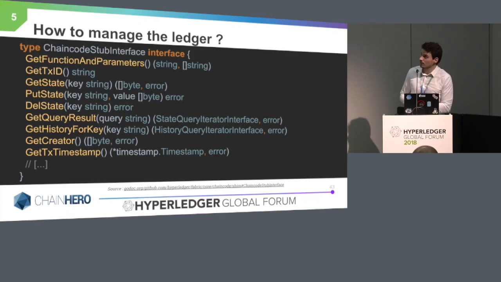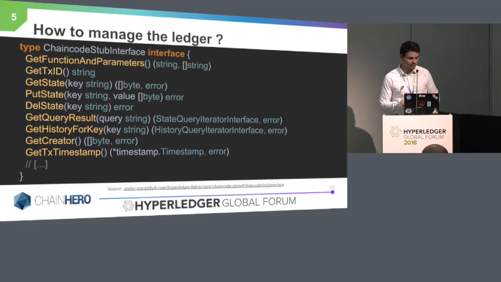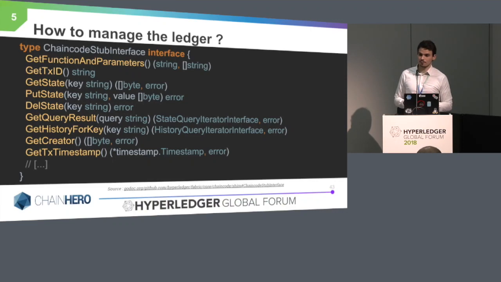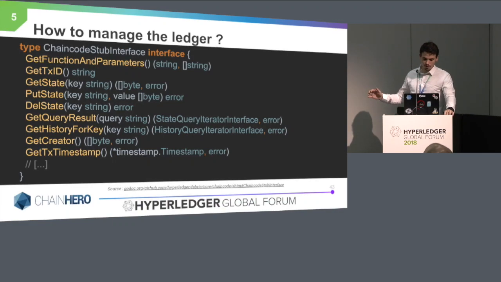This is the function used for this kind of task. You also can get information about the user that sent the transaction, so you can get the creator of the transaction. Also, you can get the timestamp of the transaction.